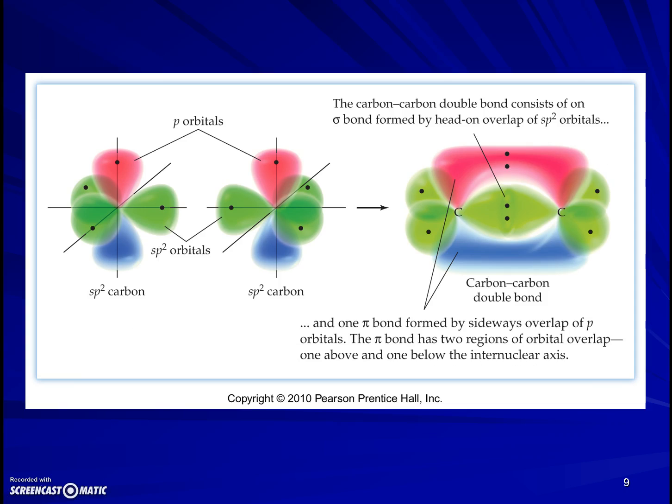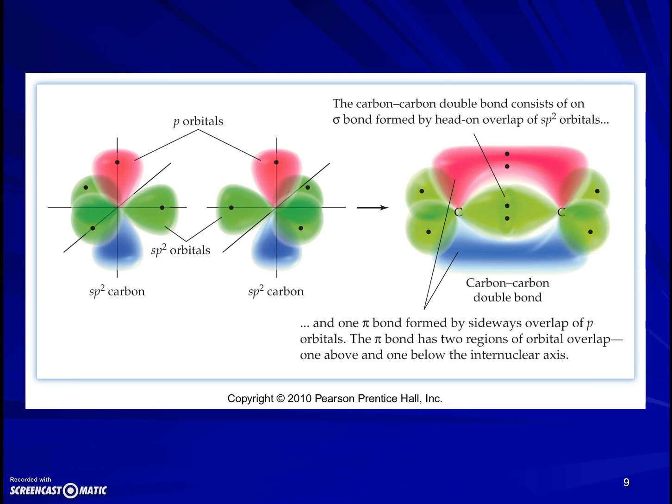If we bring 2 carbon atoms together in that way, we can get direct overlap to make the same kind of single bond we would have made between 2 carbon atoms if they were sp3. But then the p orbital that didn't hybridize on one carbon and the p orbital that didn't hybridize on the other carbon can overlap from side to side. That's going to cause a couple of different things. It'll cause a stronger bond, what we'll call a double bond.